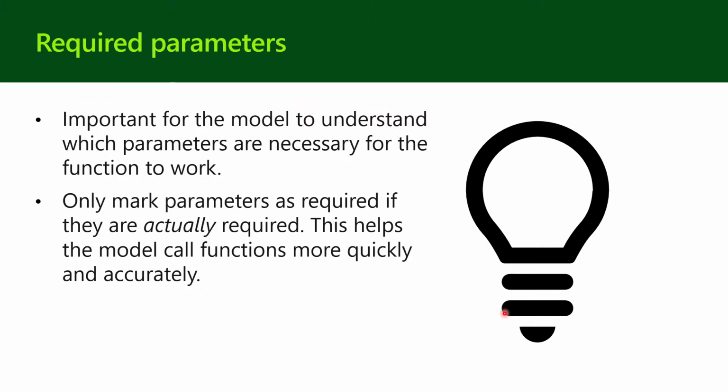Required parameters: you can also specify which parameters are required. And you will see that when you use plugins with a convention base, I'm going to explain it later. You can say that this parameter is required or not, or in JSON, you can say that it's required. In C#, if you didn't mark a method parameter as optional or give it a default value, then it will be required, right?